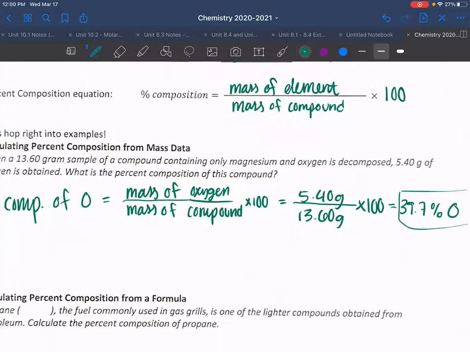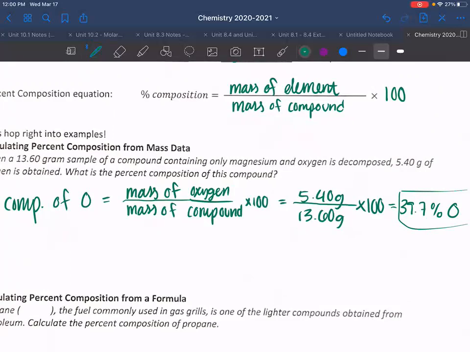Now, the only other thing that's in this compound is magnesium. So what should be the percent of magnesium then? 60.3. So when we're thinking about what a percent means, we want these things to add up to 100%.